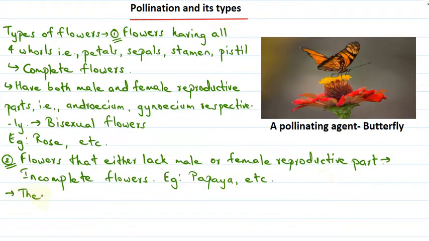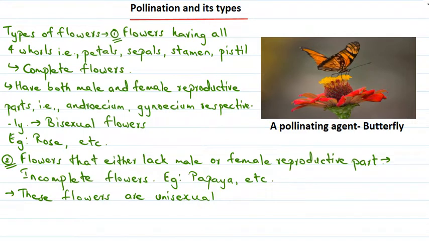Hence these flowers are unisexual. Okay, so these unisexual flowers can be further categorized based on the presence or absence of the male and female part.